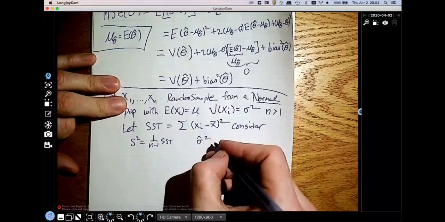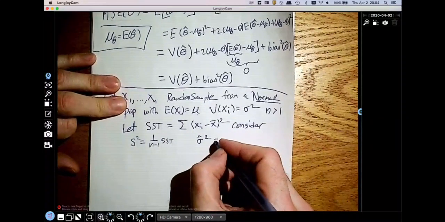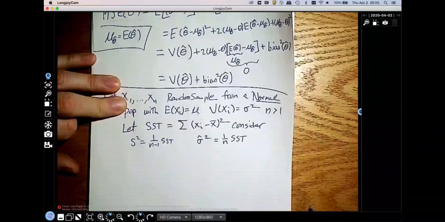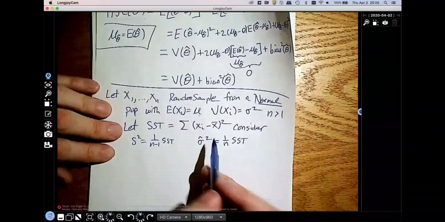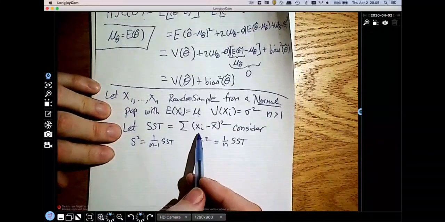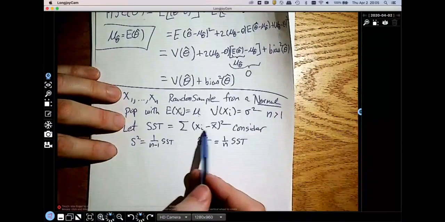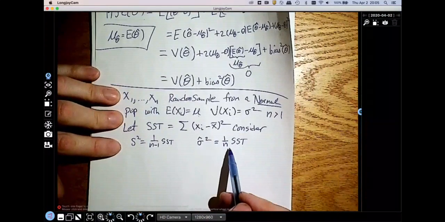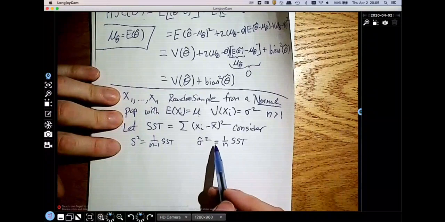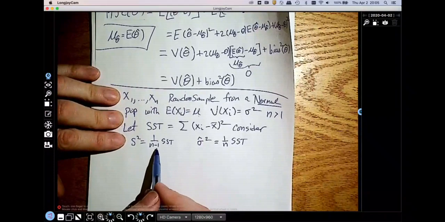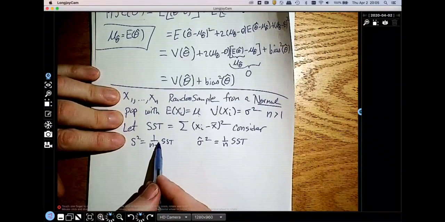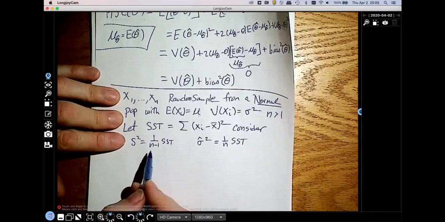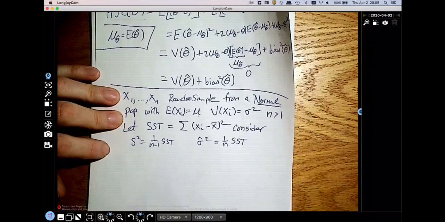So sigma hat squared is going to be the more natural thing, 1 over n SST. The way I like to think about the variance is, it's the average squared deviation from the mean. So this is literally the average squared deviation from the mean, whereas s squared has this kind of counterintuitive n minus 1. So it's almost the average, but not quite, because we've subtracted 1.